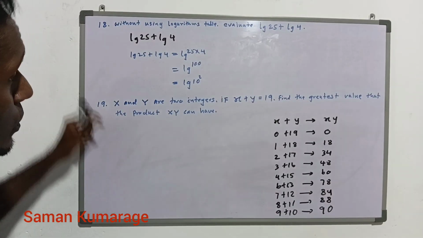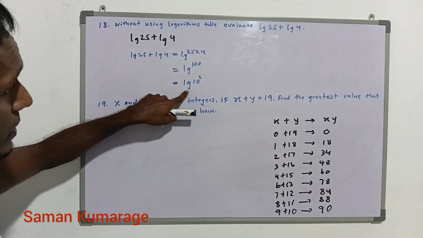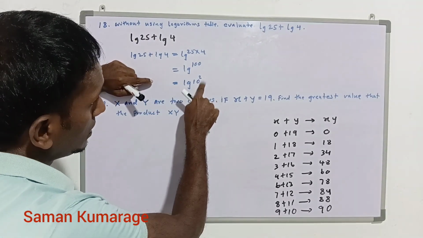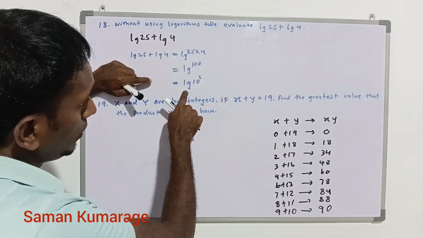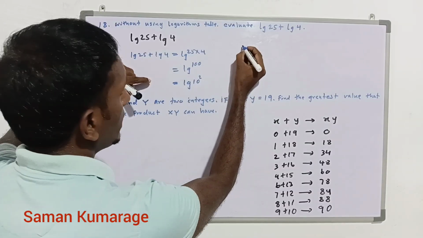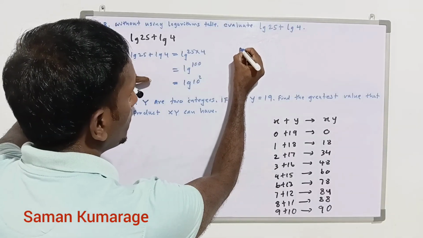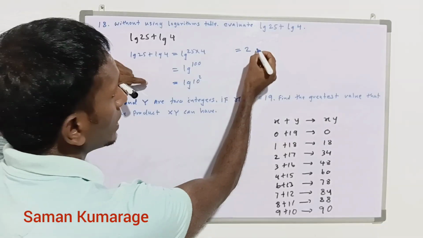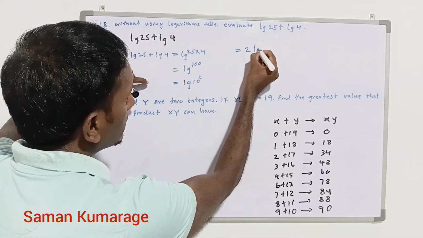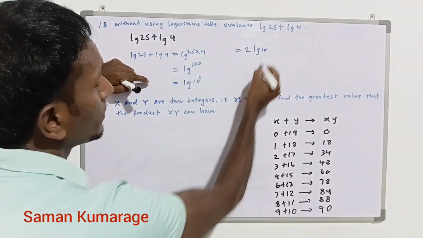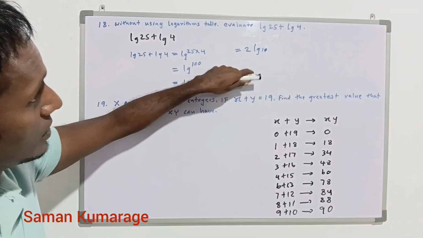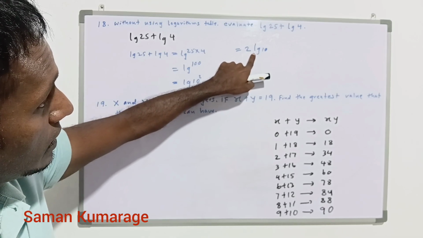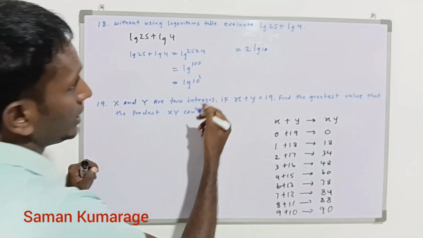We have also studied that a power inside a logarithm can be written as a product: 2 times the logarithm of 10, lg 10.